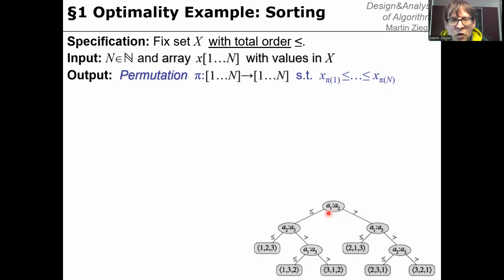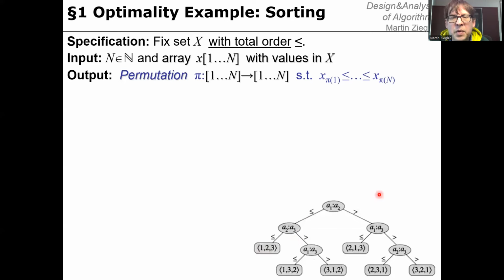Comparing A1 to A2, comparing 1 to 2, 1 is less or equal, so the algorithm will proceed here. Then comparing 2 to 3, again less or equal, so the algorithm will proceed here and output the identity permutation. Indeed, this identity permutation sorts the already sorted input 1 to 3.